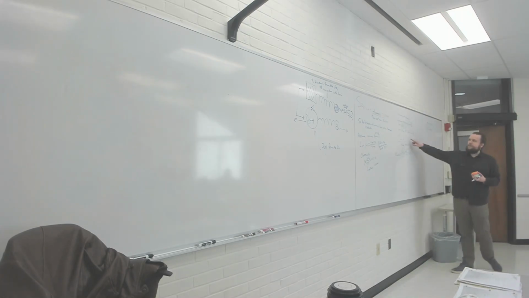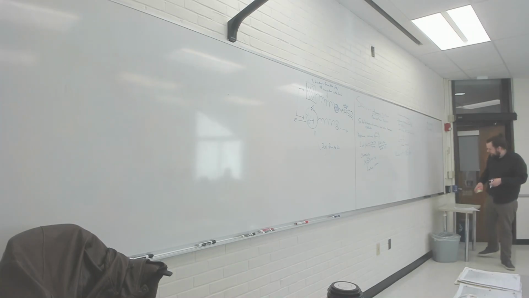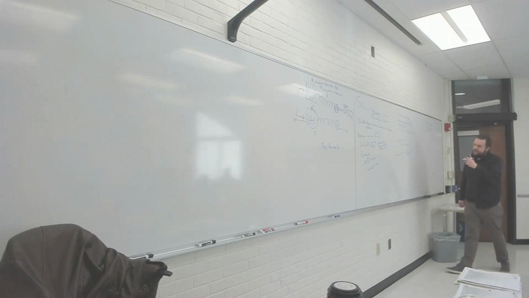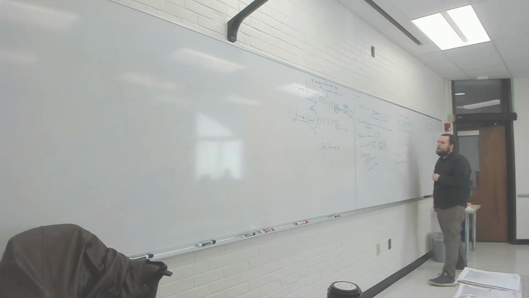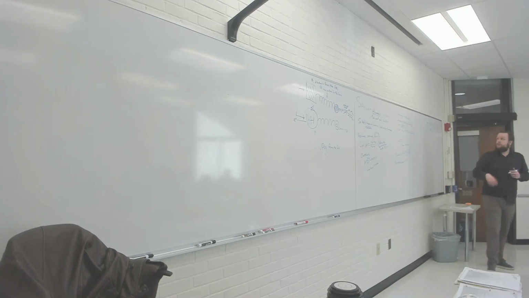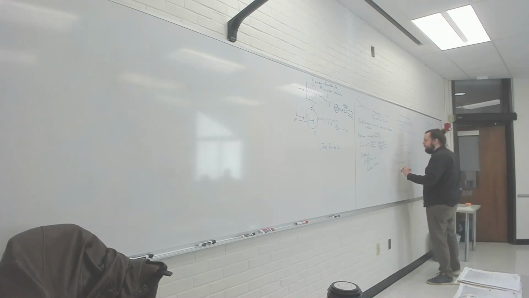Now the question is, what's the potential? Let me write that down. So what about potential? All right, well, we know the force. We know that the force for a spring is minus kx.